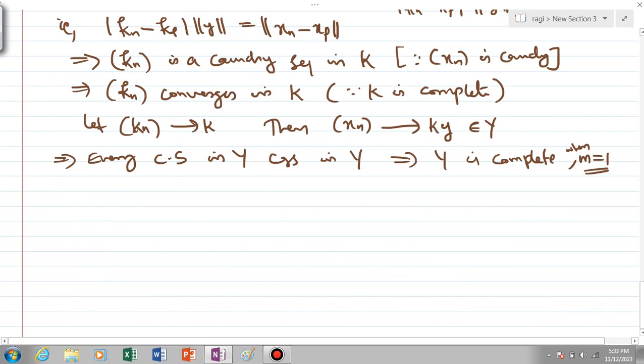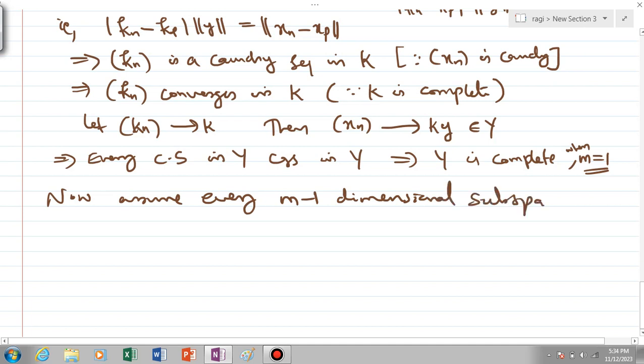Now let us suppose that every m-1 dimensional subspace of X is complete. Now assume every m-1 dimensional subspace is complete, and let Y be m dimensional now.